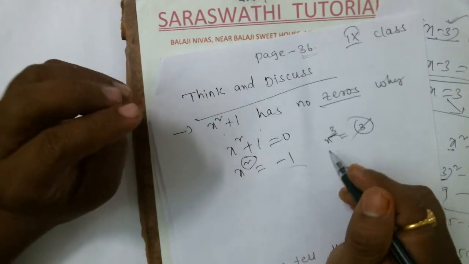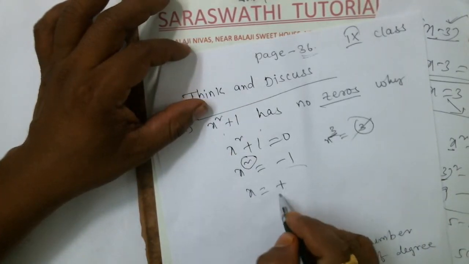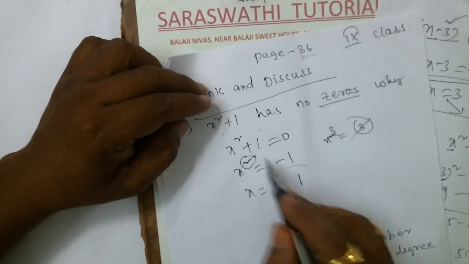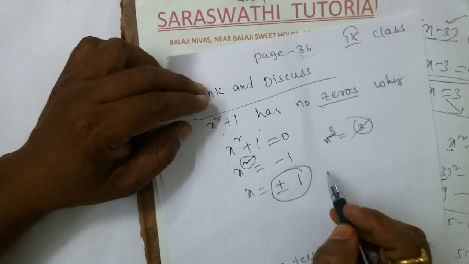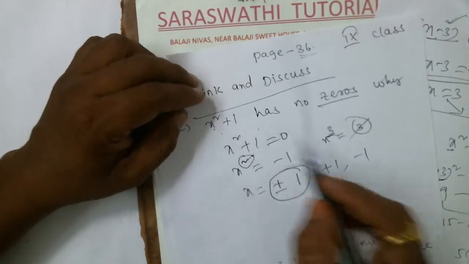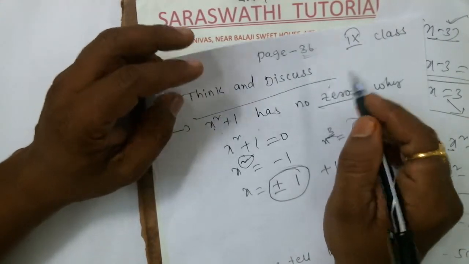If the power is 2, we will get 2 zeros. So we have to get here 2 zeros, one positive one, one negative one. Substitute here positive 1 and negative 1. If it is equal to 0, it has zeros. Otherwise, it has no zeros.